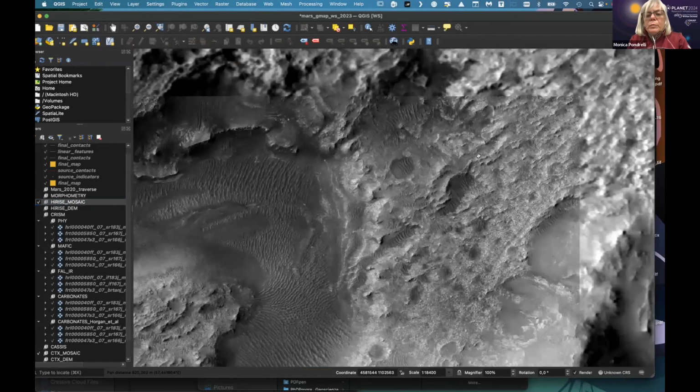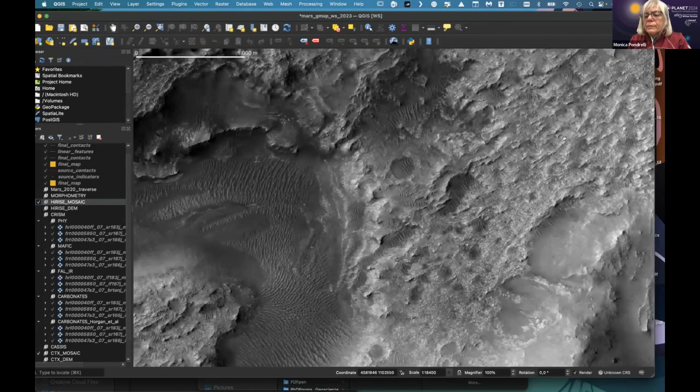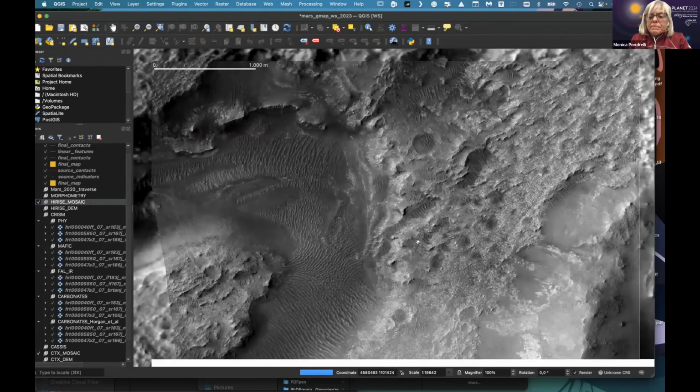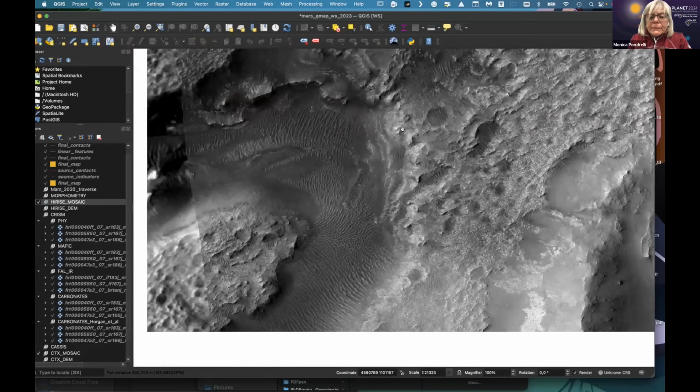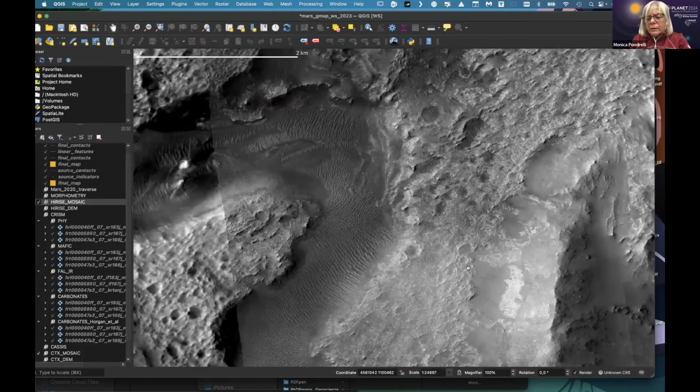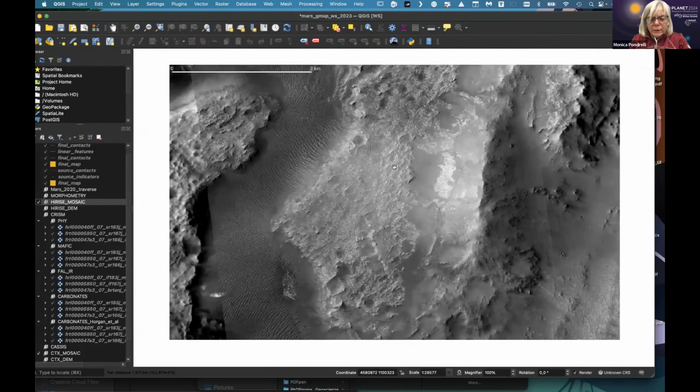This is unit B with these ridges here, these layers. And this is the erosion which affected this unit by the fluvial channel.